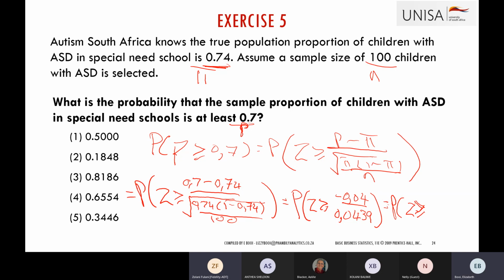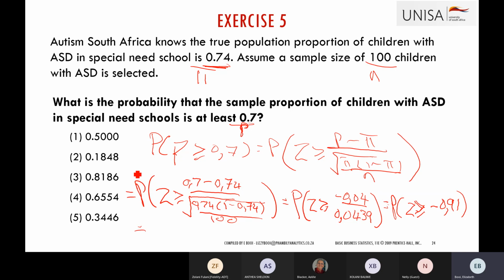Okay, so minus 0.04 divided by 0.0439 equals minus 0.91.